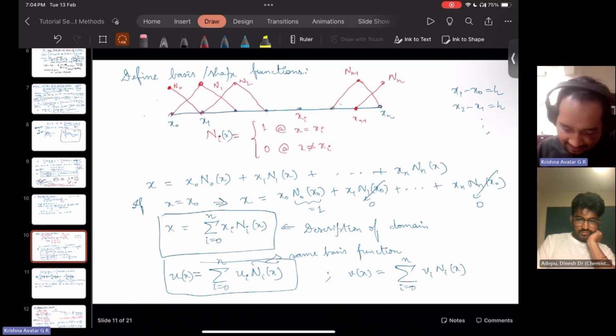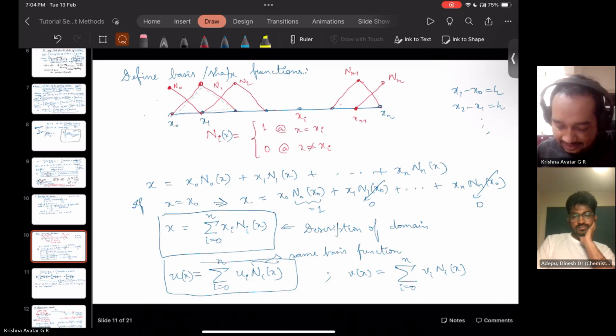These basis functions are defined as shape functions. They are hat-shaped, which is why in certain books we also call them hat functions.